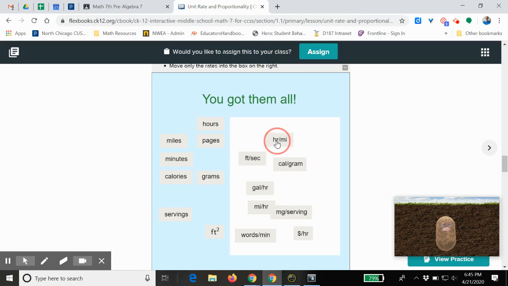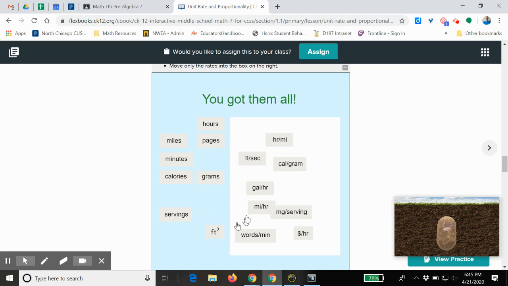Hours per mile, feet per second, calories per gram, gallons per hour, miles per hour, milligrams per serving, dollars per hour, words per minute. What do they all have in common? None of these has it. This is feet squared, servings, grams, calories, minutes, miles, hours, pages.